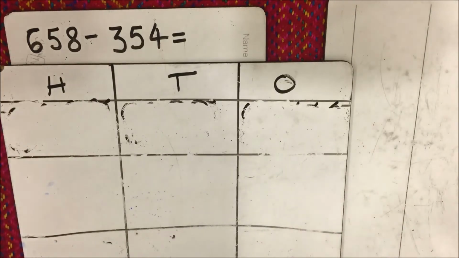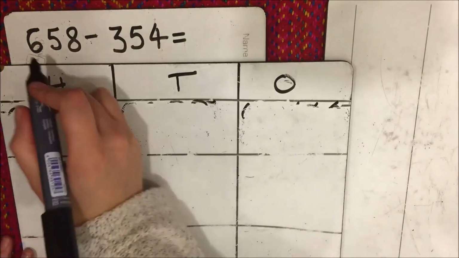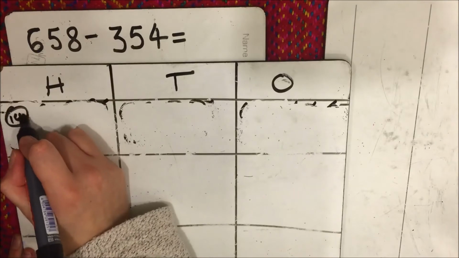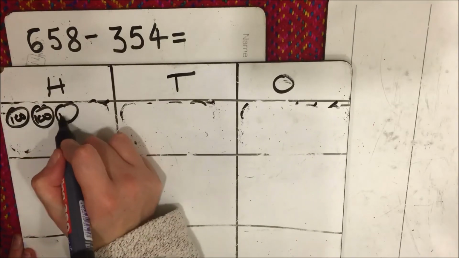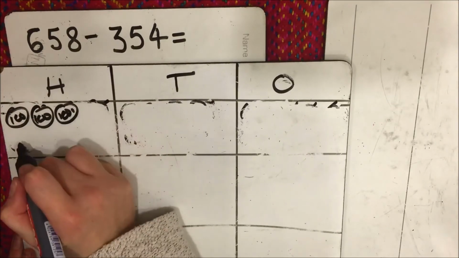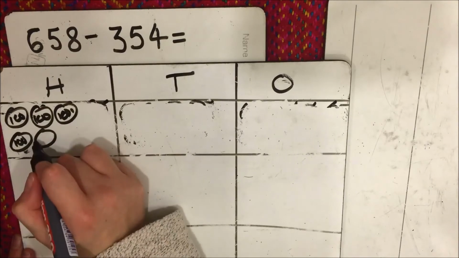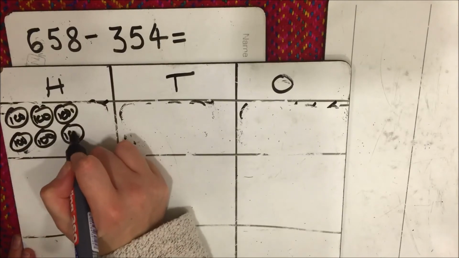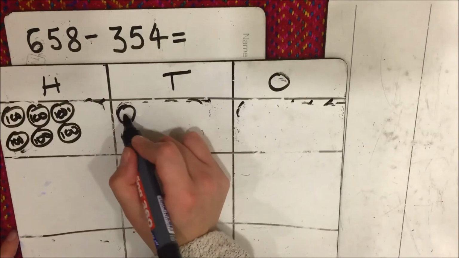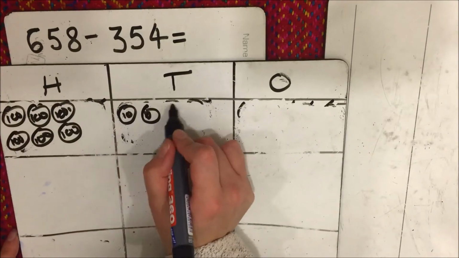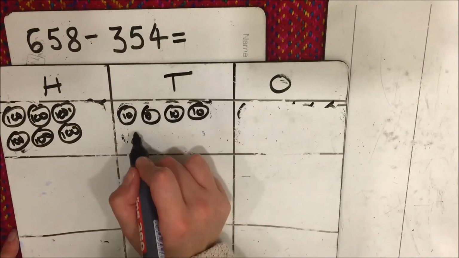Okay, let's draw it together. 600, 100, 200, 300, 400, 500, 600, 5 tens, 10, 20, 30, 40, 50.